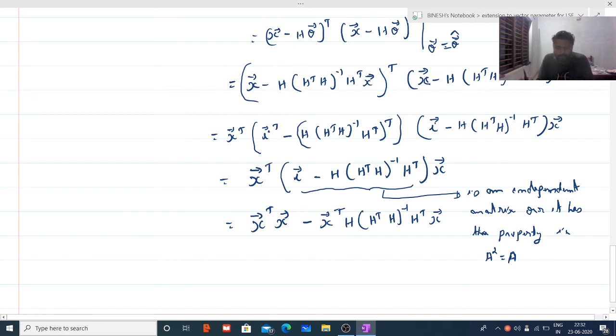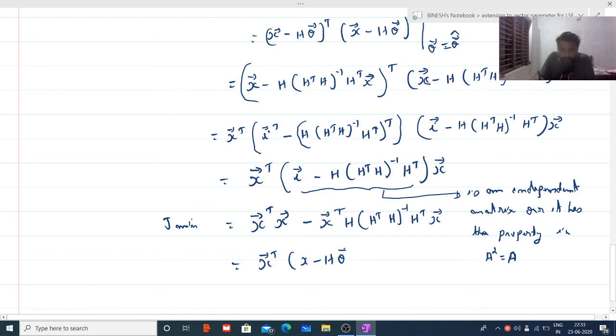I can write J minimum is nothing but X transpose X, X transpose H, H transpose H inverse H transpose X, that is nothing but X transpose into X minus H theta cap. It's not H theta, right, the vector theta cap, okay.